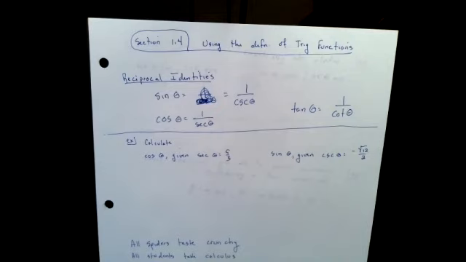All right, calculate the cosine of theta given the secant of theta is 5 over 3. Find the cosine. Calculate the cosine of theta given the secant of theta equals 5/3.